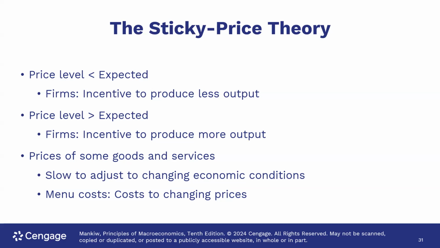And if the price level is lower than expected, the firm will have an incentive to produce less output, right? So this sticky price theory works from the benefit side of the production, or the revenue side of the production.